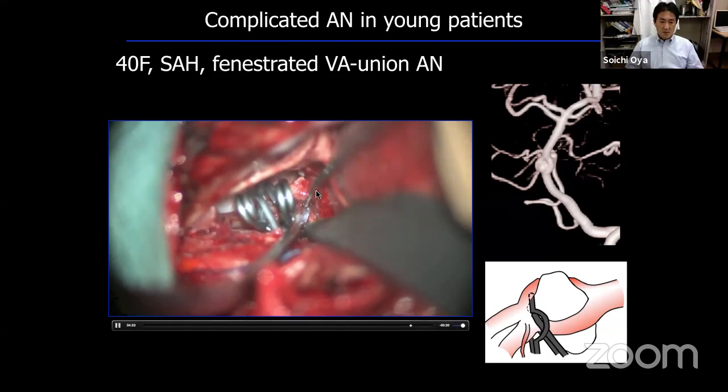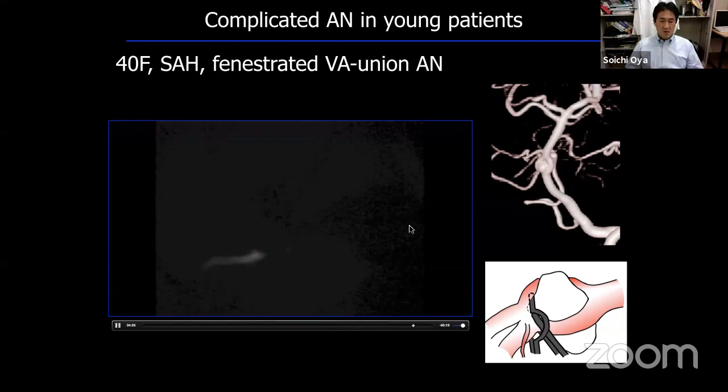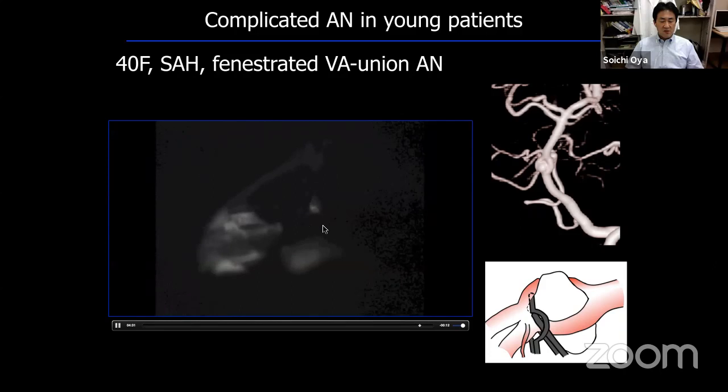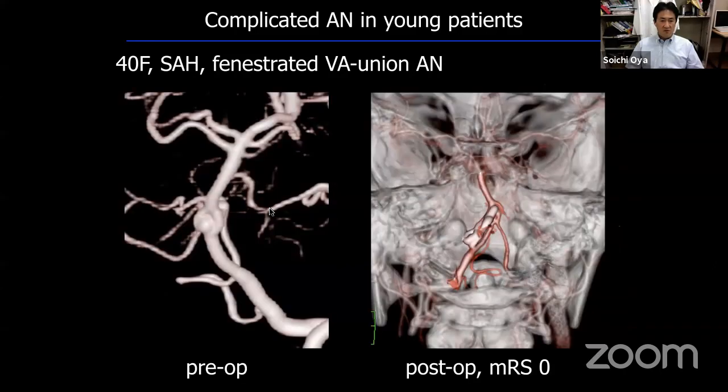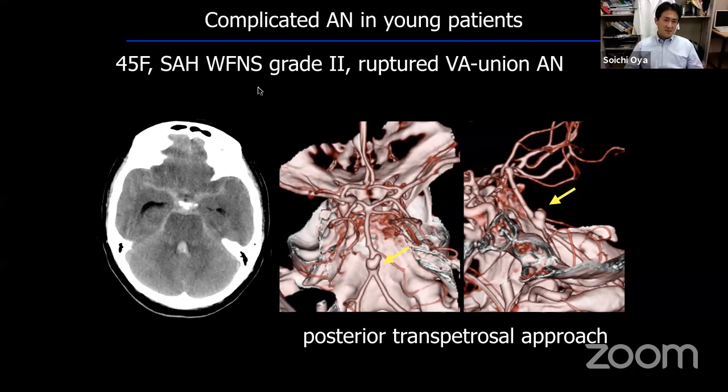This is clot, and this is also clot inside the dome. The ICG showed the obliteration of the aneurysm. This is the right half of the ring, and postoperatively it looks good, and she was discharged with no neurological deficit. And this is the last case.